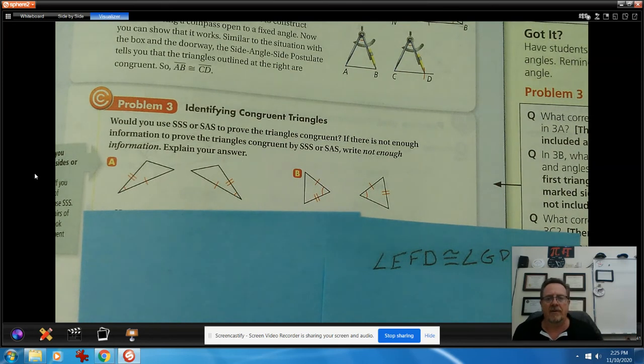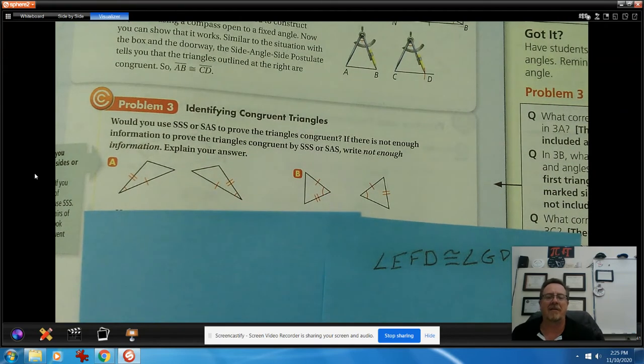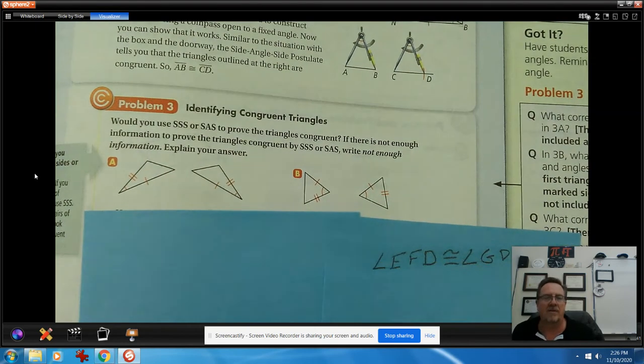Well, what are our shortcuts? Either side, side, side, or side, angle, side. Can I show these two triangles are congruent by side, side, side? No. And the reason you can't is because I don't have that this side is congruent to this side. It doesn't show that it is. So side, side, side's not going to work.